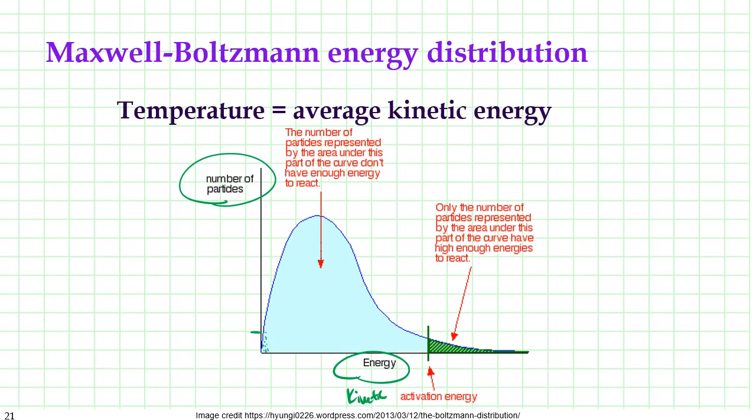This is the frequency or the percent of the particles that have this amount of energy. We'll have some things that are moving super slow. We'll have lots of things that are moving an average amount, and that's going to give us our temperature. So temperature, absolute temperature in Kelvin, is proportional to the average kinetic energy of all of the particles in this whole entire sample.